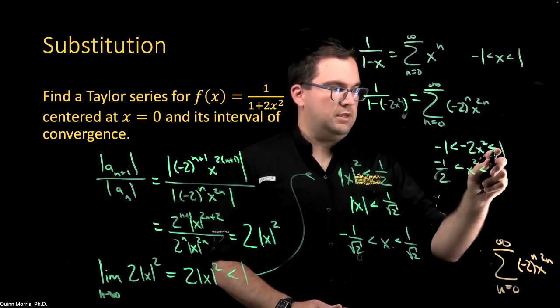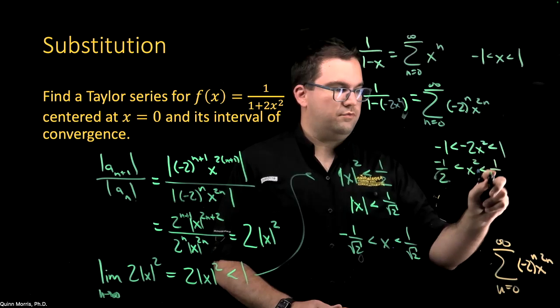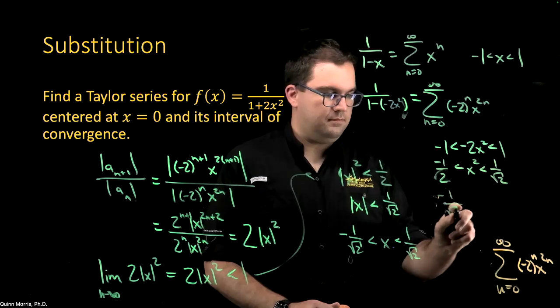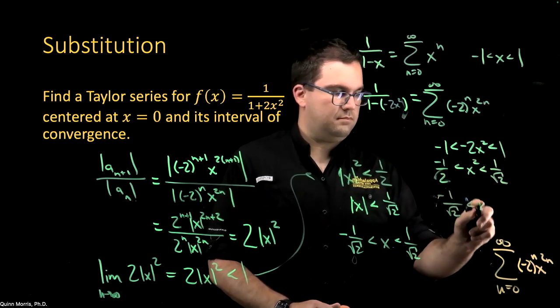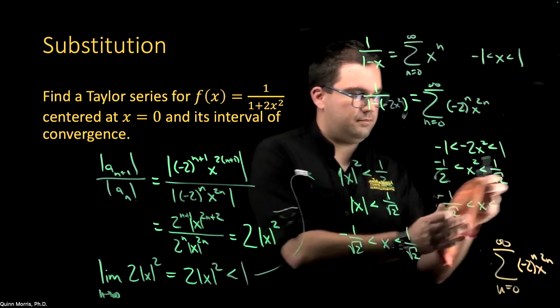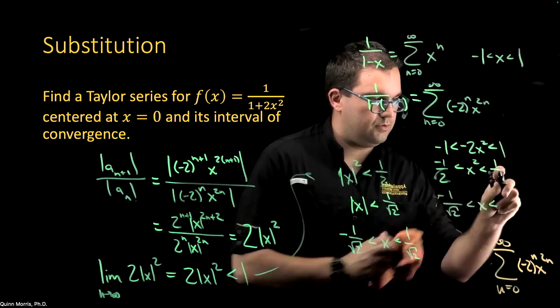And this is going to give me a 1 over root 2. And then if I square root everything, sorry, I wrote a root 2 up here already. It should be 2. I'm getting ahead of myself.